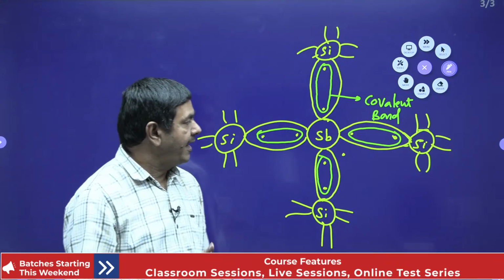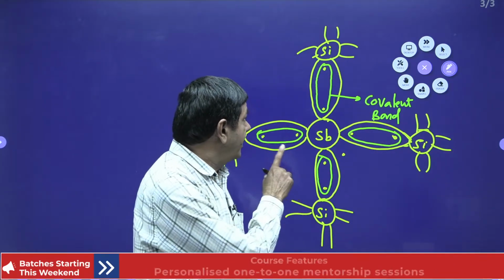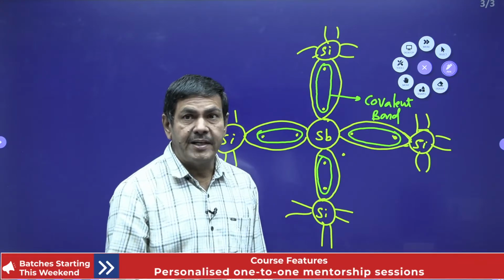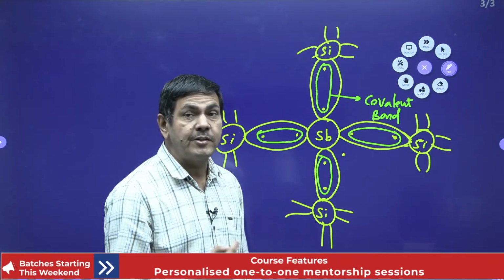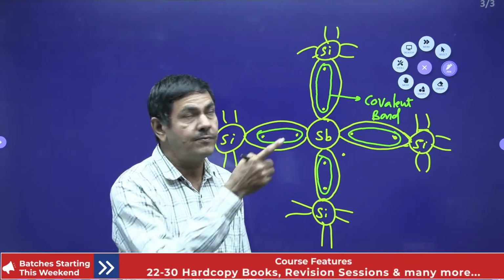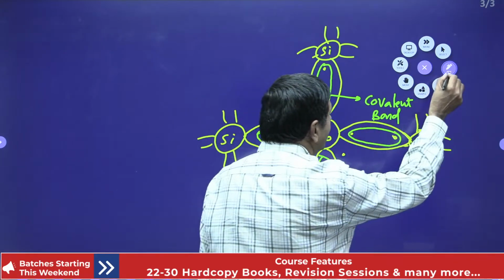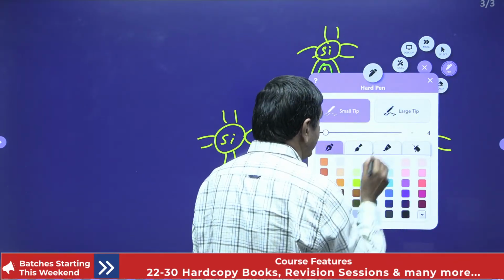So when an antimony atom is added, it is going to form 4 covalent bonds with the surrounding 4 silicon atoms only now. But this electron, one more electron you got here now. Which electron?